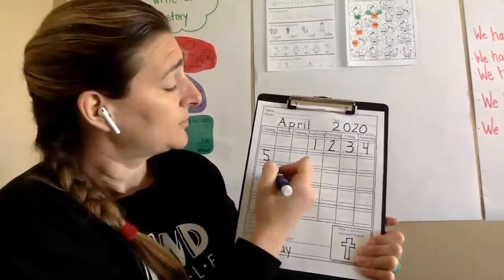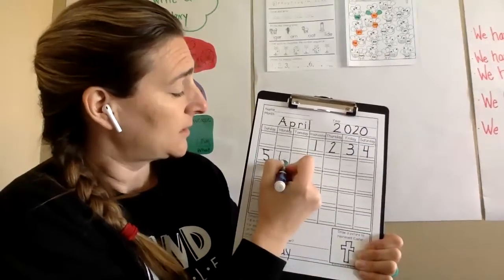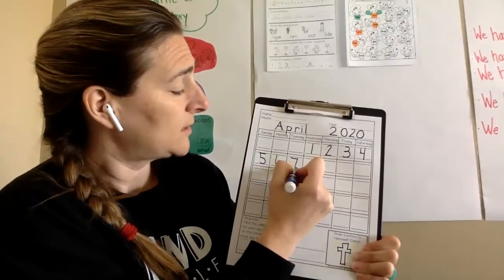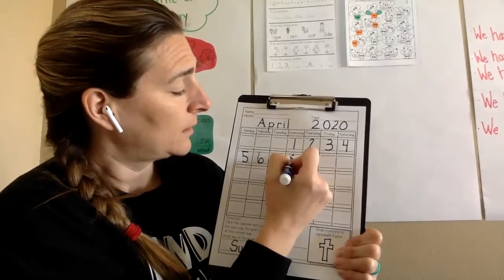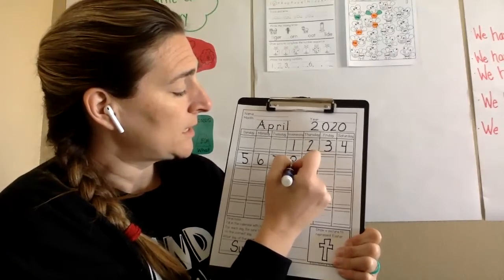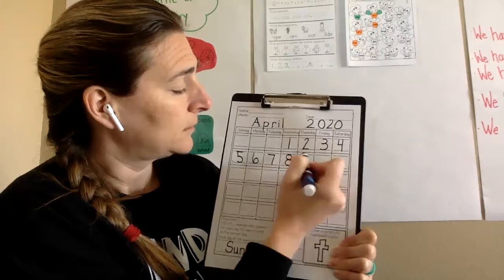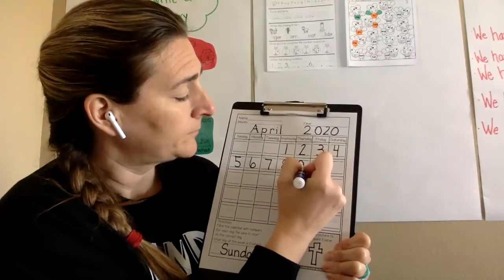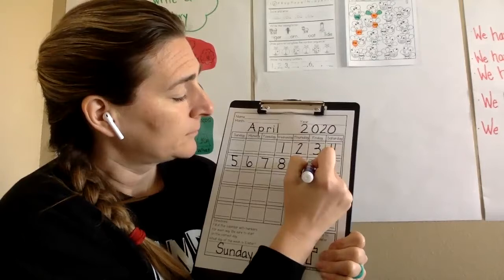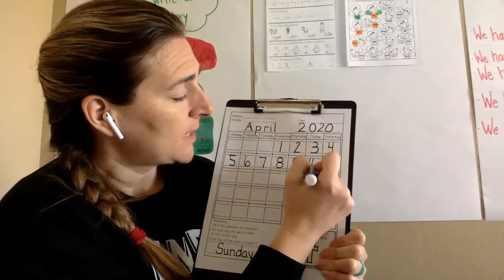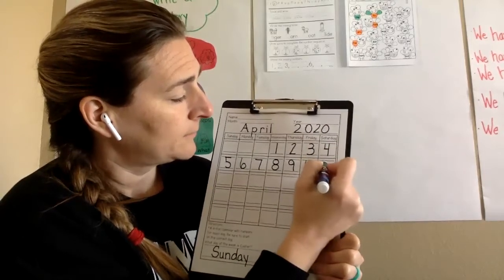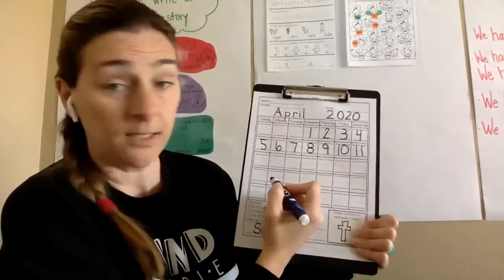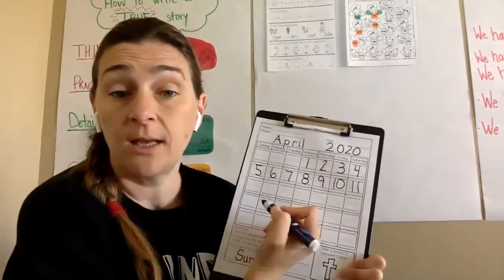After 5 is 6, and then 7, 8, 9, 10, 11. And then we're at the end again.